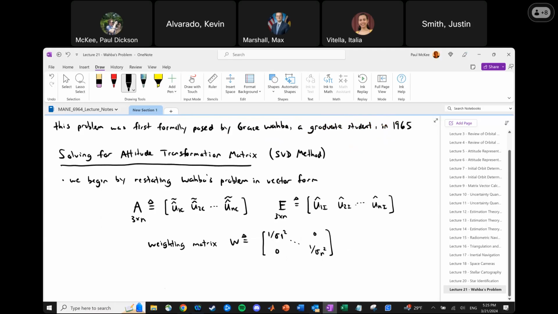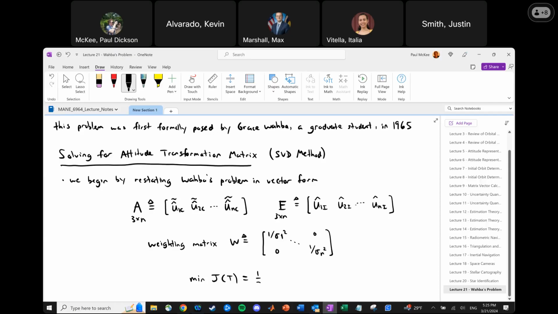So after we've made these definitions, then Wahba's problem can be rewritten as min J of T. I'm going to start getting sloppy. Instead of writing T from I to C, I'm just going to write T to save pen strokes.